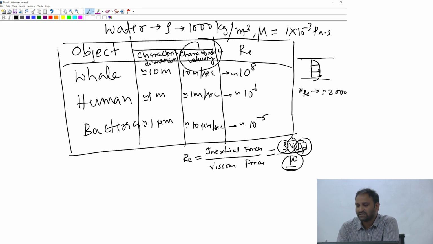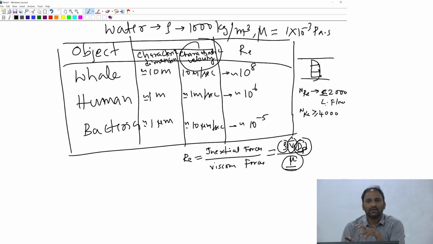Anything less than or equal to 2000 is going to be laminar; it depends on textbooks, McCabe and Smith say 2100, so it's about 2000. Anything less than that is laminar flow. What about turbulent flow? Something about 4000, right? Anything above 4000 is turbulent flow.